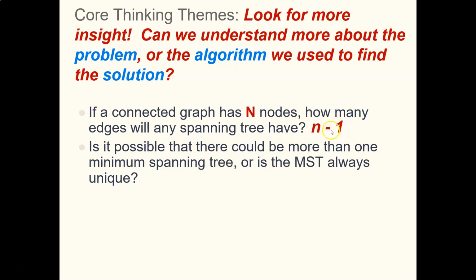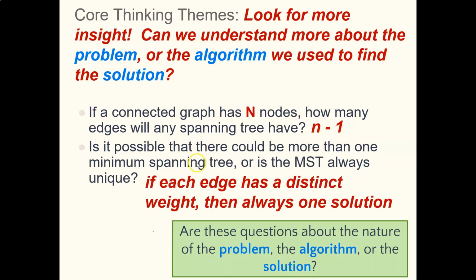Yeah, so this one is n minus 1, right? Because we cannot create a cycle, so there should be n minus 1 edges. Especially when we have more edges with the same weight, we can have different solutions. But if each edge has a distinct weight, then we can say that it will always give us a unique solution.